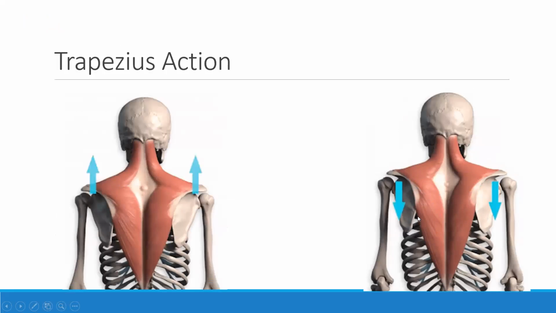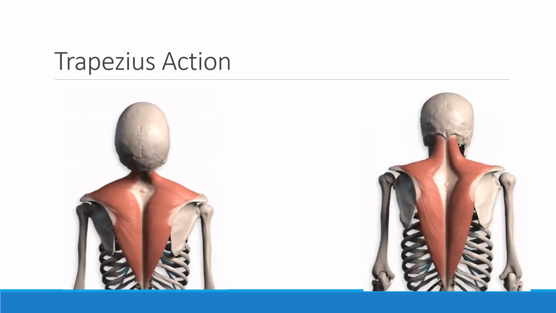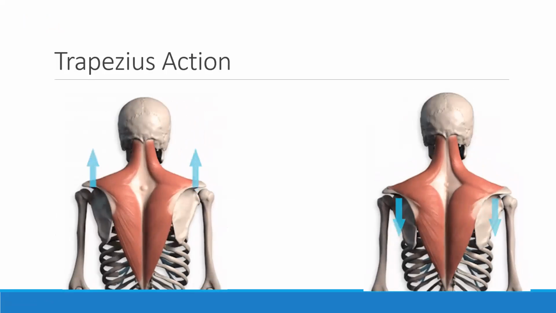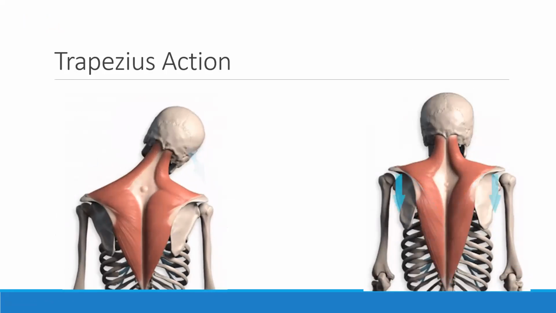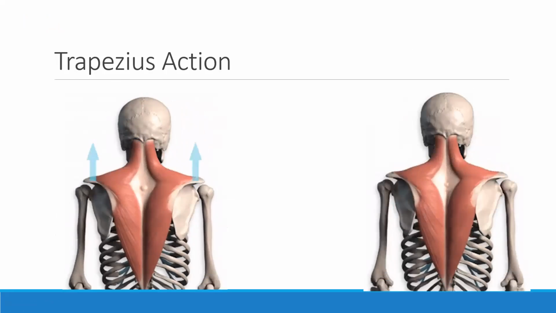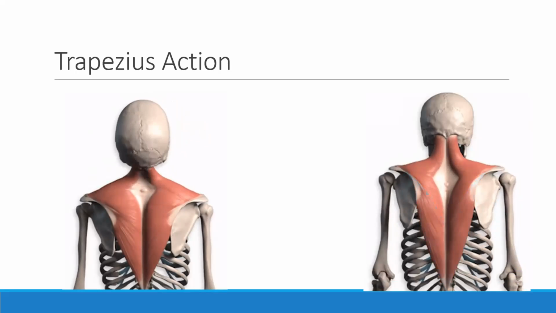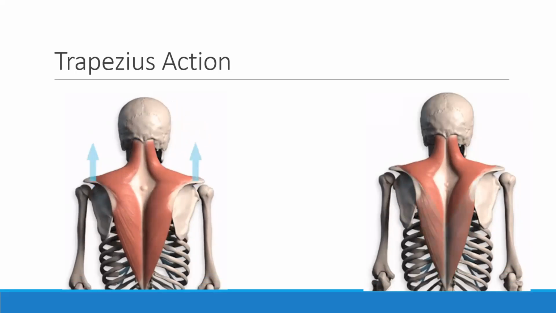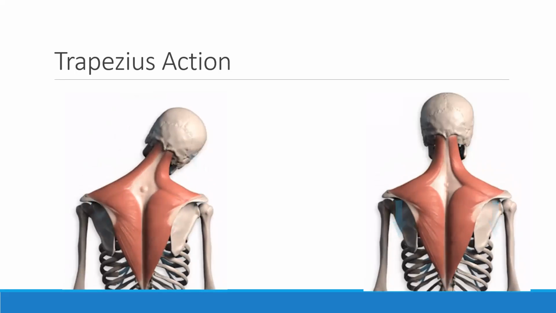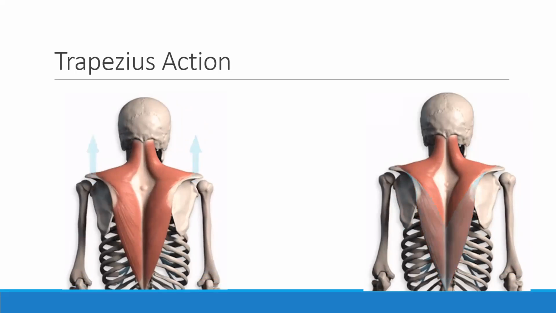Shrug our shoulders, elevate our head, raise our head up when we're looking around for somebody, or tilt our head over to one side to another, or flex our head back. With the action of the sternocleidomastoid, we tend to nod our head up and down in the front, but with the trapezius, we can flex our head backwards.